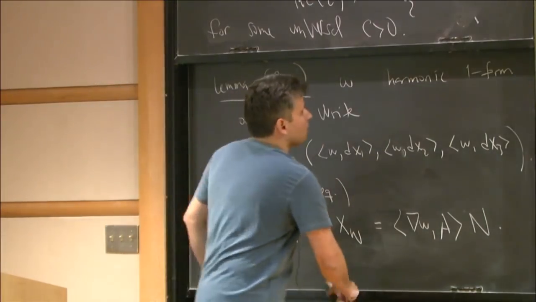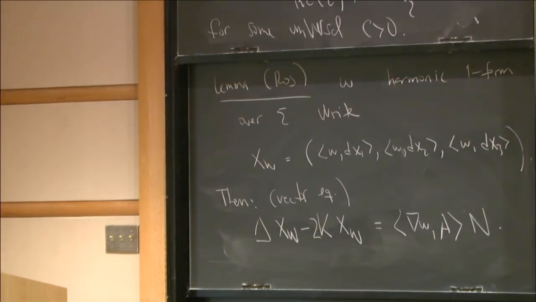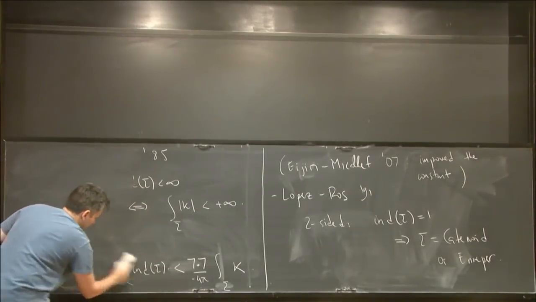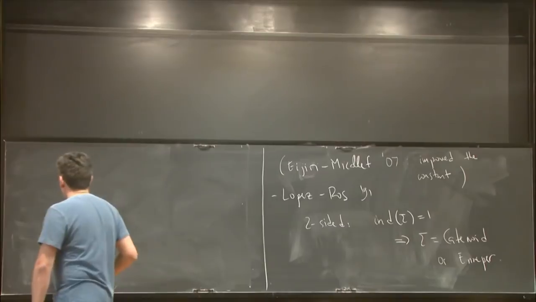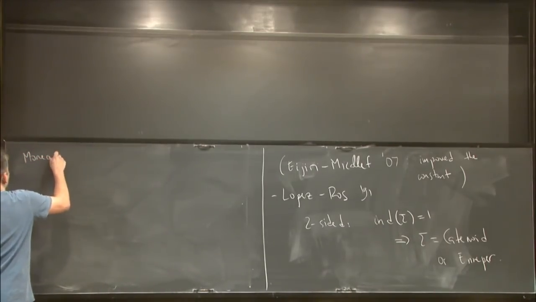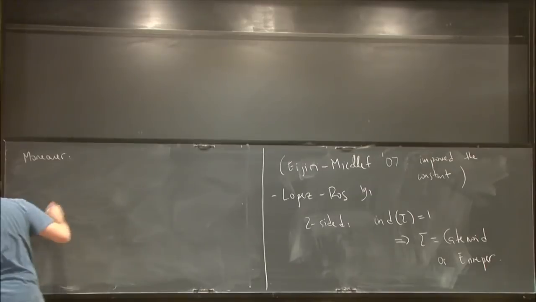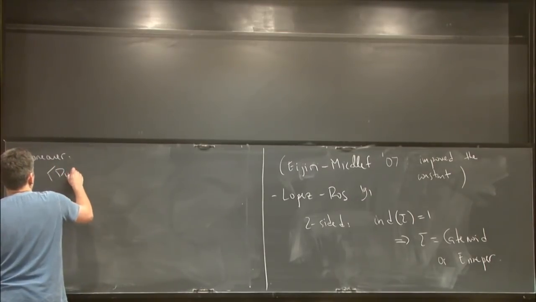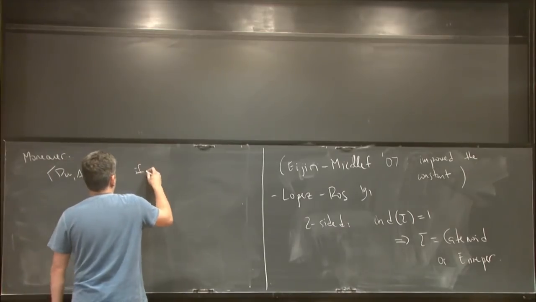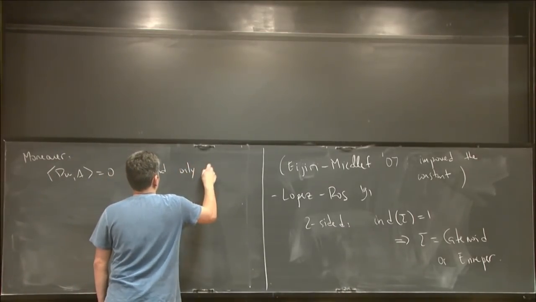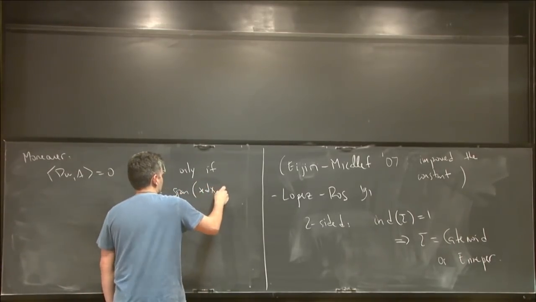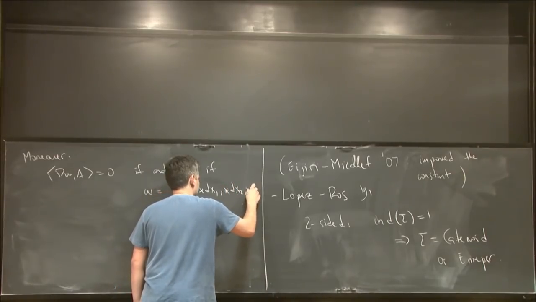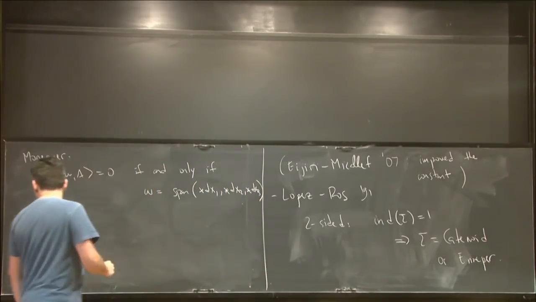He also proved more, which is important: this is 0 if and only if omega is in the span of these forms here.